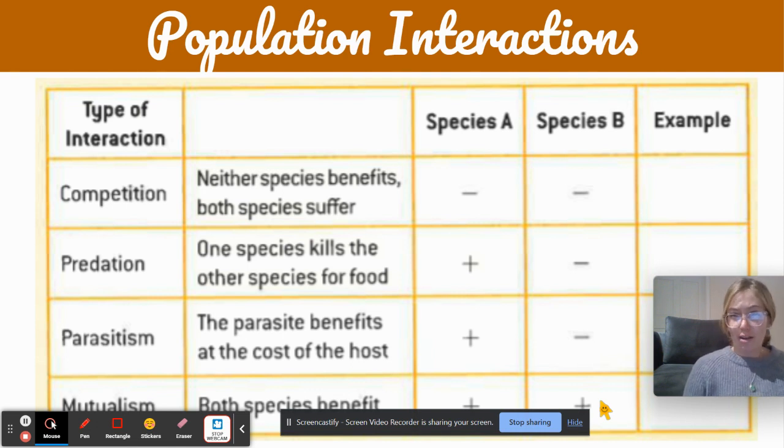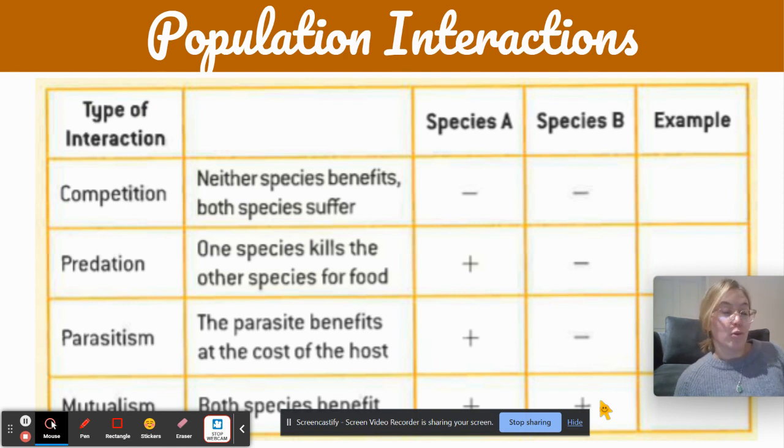Or really any pollinator and a flower. The organism that is doing the pollinating is getting free food, and the flower is essentially getting its seed, its organs, spread around to other flowers' organs, which is awesome. So mutualism, that's a classic example.